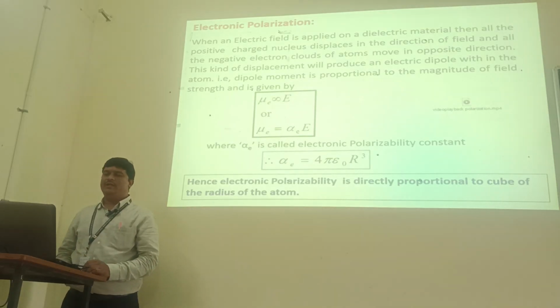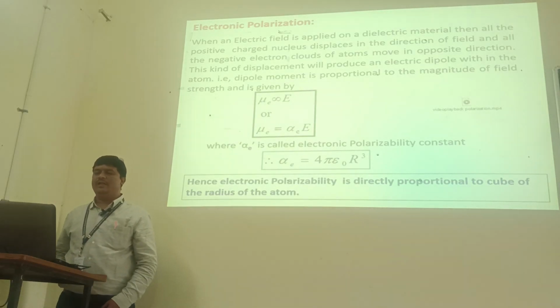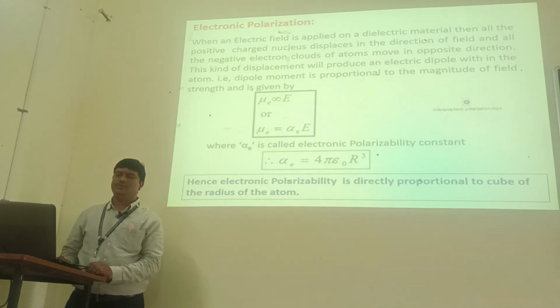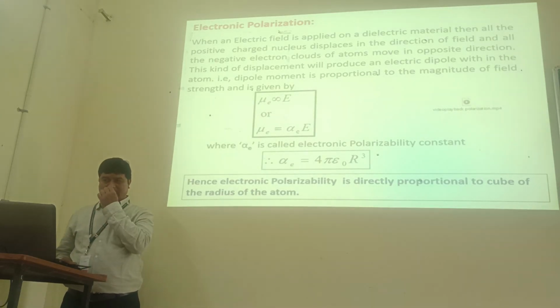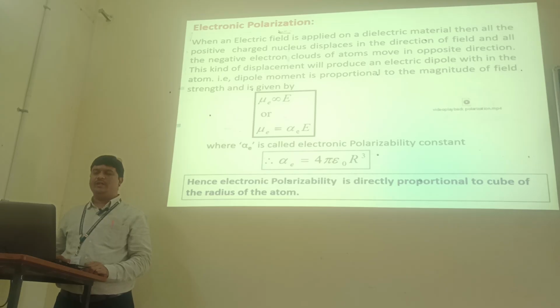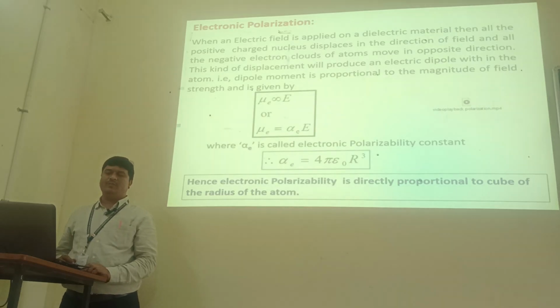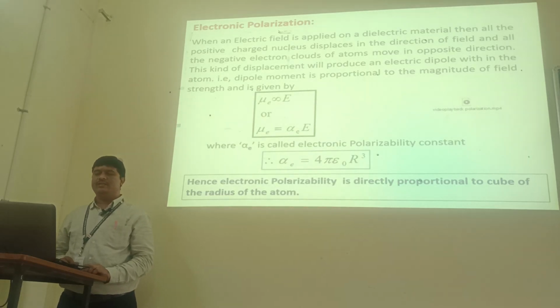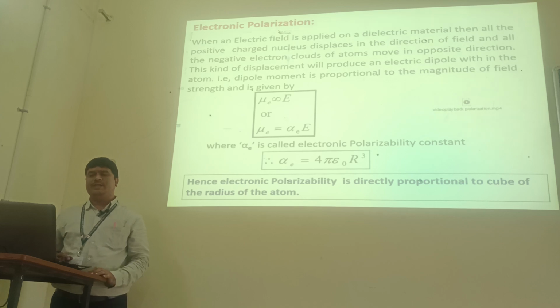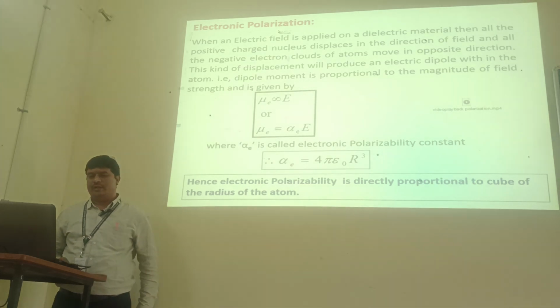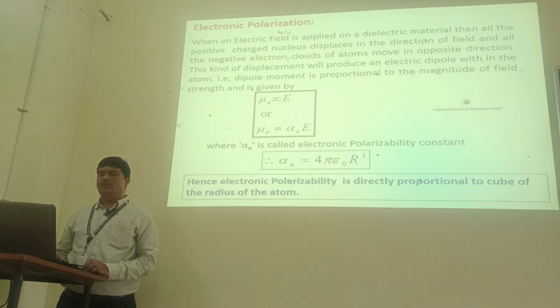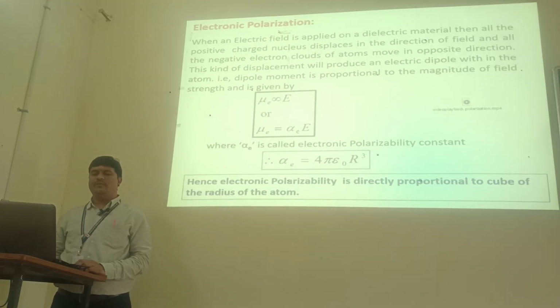When an electric field is applied on a dielectric material, all the positive charges of the nucleus are displaced in the direction of the field, and the negative charges of the electron cloud of the atom move in the opposite direction to the applied field. Then it forms the dipole moment, and the process is known as electronic polarization. Mu e equal to alpha e E, then alpha e equal to 4 pi epsilon naught R cube.